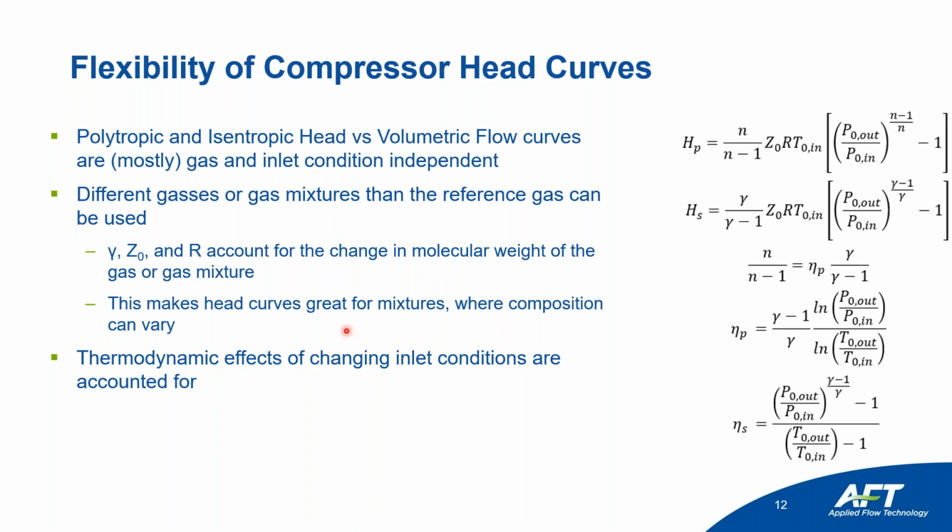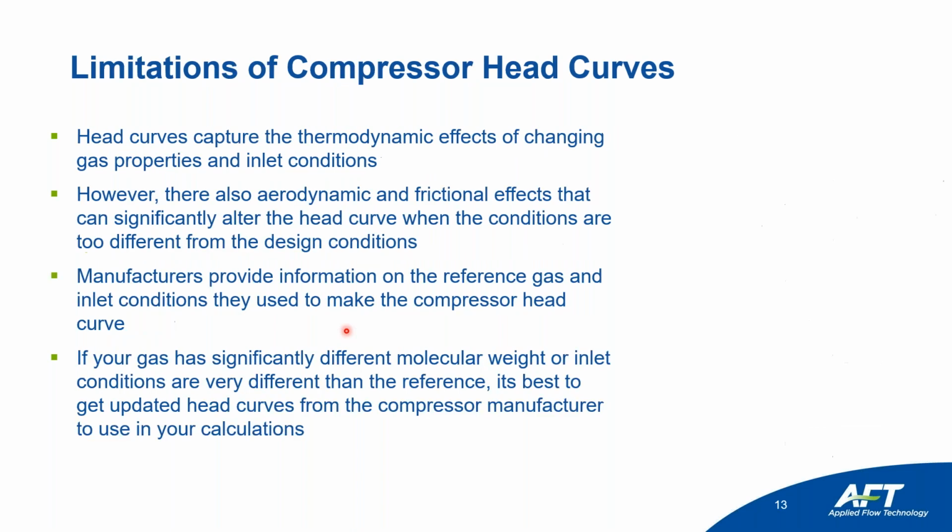So you have to go from your static inlet conditions to your stagnation inlet conditions through the previously mentioned equations. And then when you get your discharge conditions, they're in stagnation again, and you have to convert them back to static. And that's just so that all of this variability of the inlet pressure, temperature, and velocity are all accounted for.